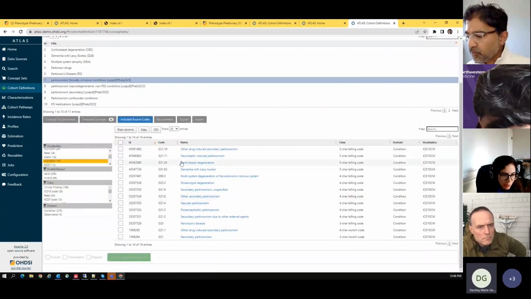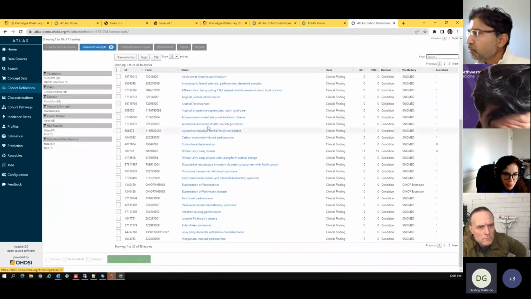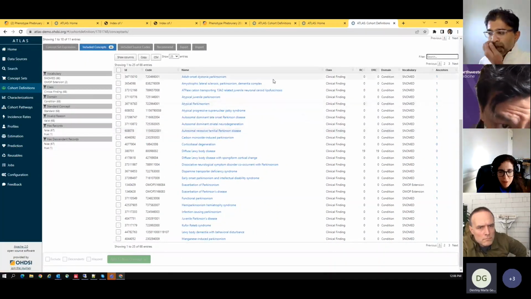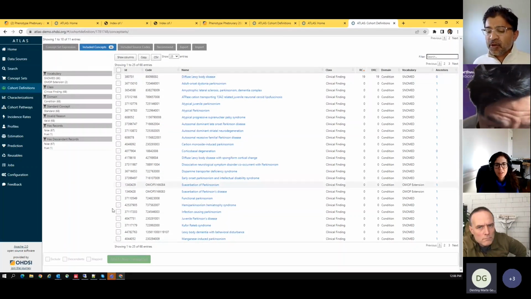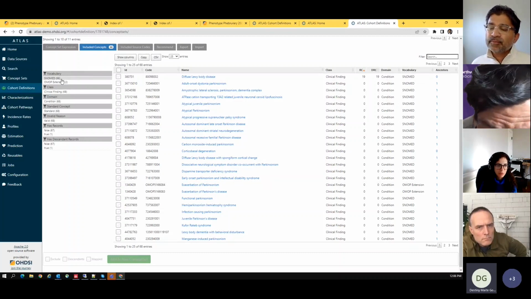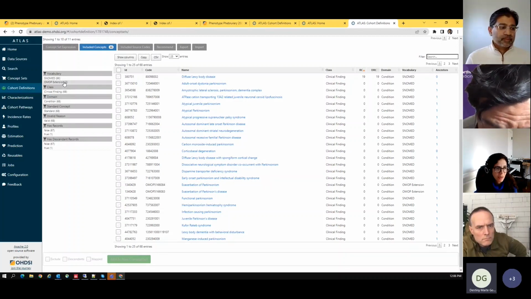I was even thinking in terms of SNOMED, because he used the hierarchy. This is Atlas demo, it doesn't have records, so it won't even be able to do that. Okay, let's just wait for cohort diagnostics.